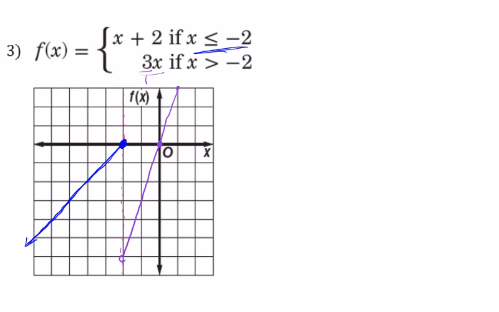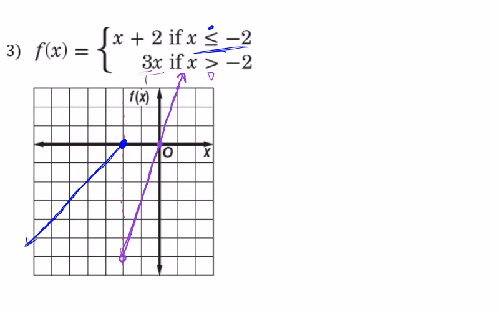And since it's not or equal to, I'm going to make an open circle there. All right. So open circle here, closed circle here. All right, and that's basically what a piecewise function looks like.